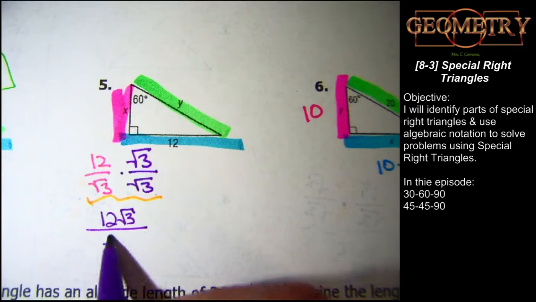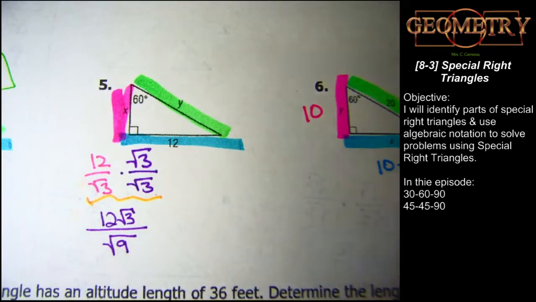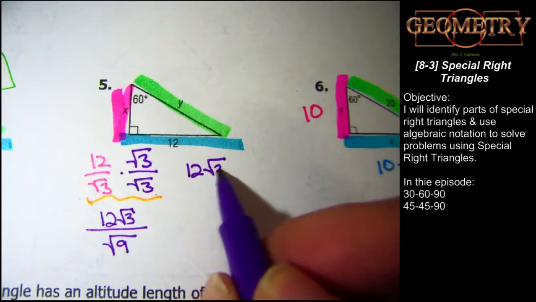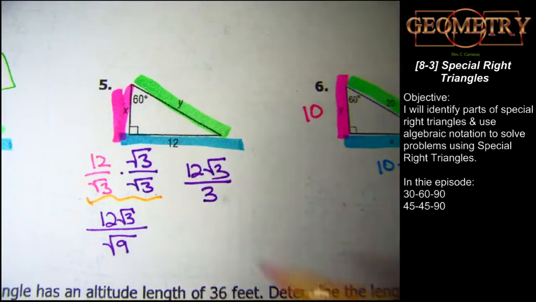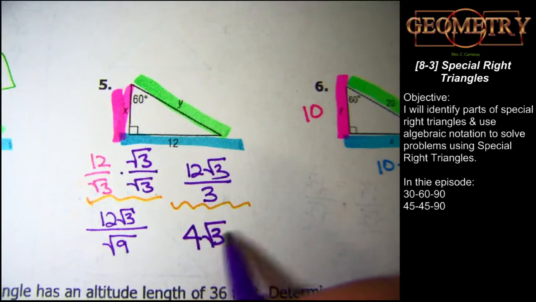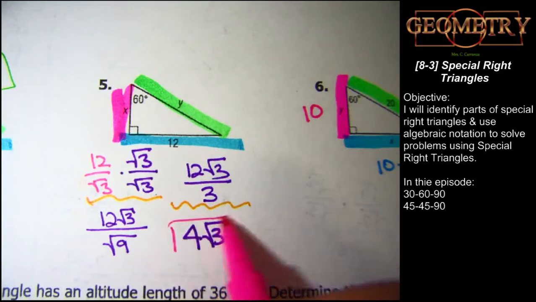That something is 9. And so square root of 9 is 3. And so I have 12 square roots of 3 over 3, which can be simplified down to 4. 12 divided by 3 is 4. So I have 4 square roots of 3 as my small side.